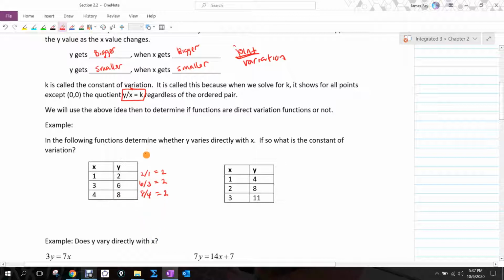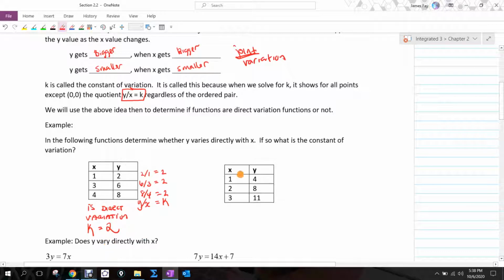Because each time I'm taking a y divided by an x and getting the same number, in this case k, or 2, this is direct variation. And my constant of variation is that quotient.